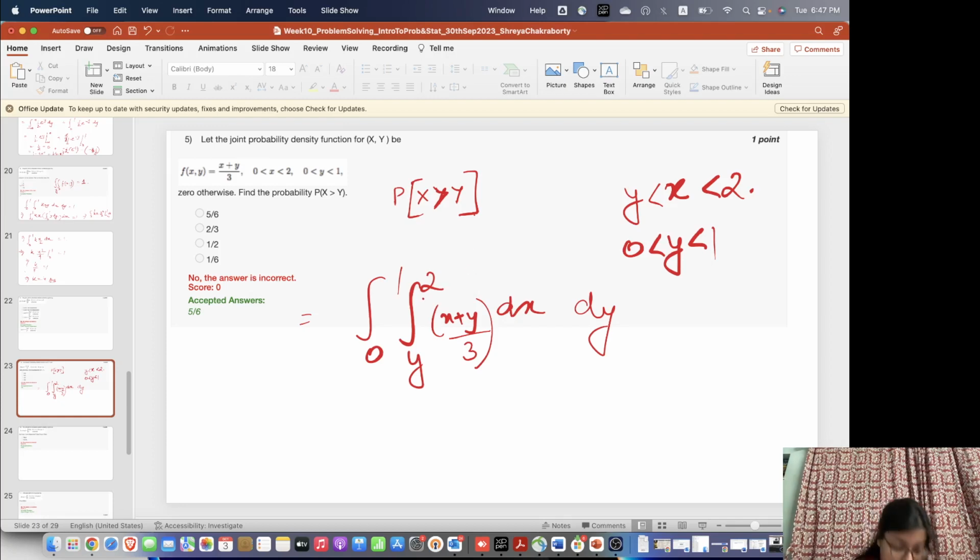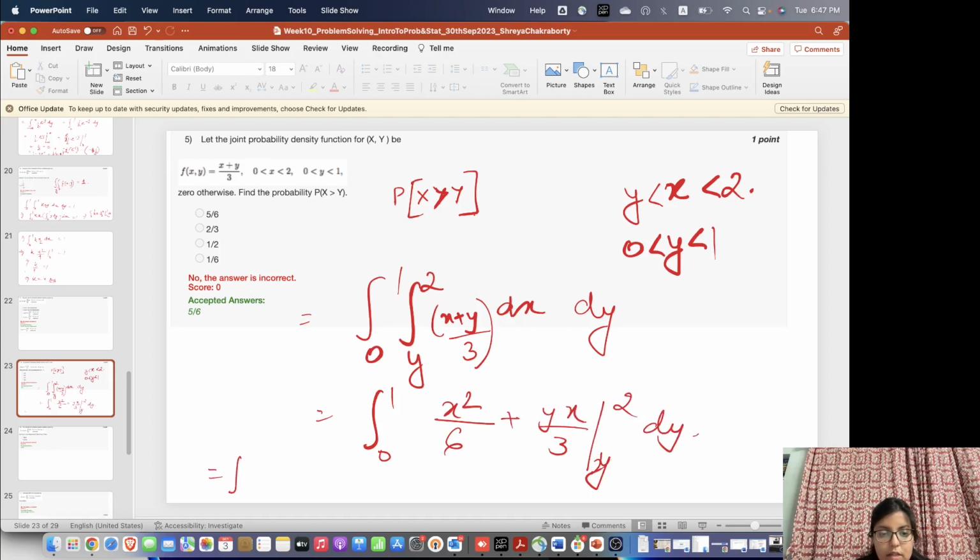Alright, so this one we are going to write as 0 to 1. This is with respect to x. So we would write here x square by 6 plus yx by 3 from y to 2 dy.